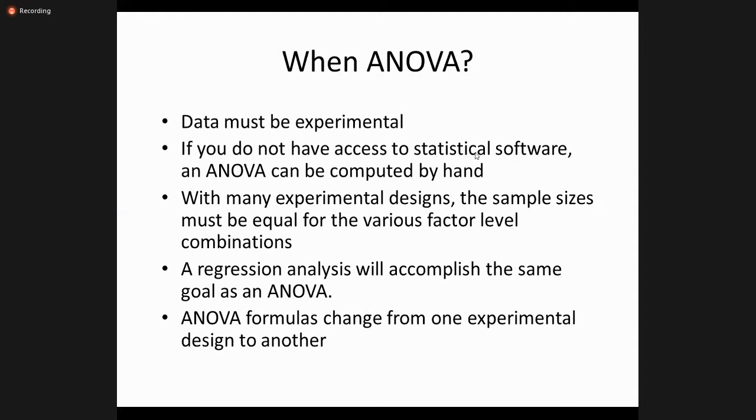A regression analysis will accomplish the same goal as an ANOVA. Regression is another type of statistical modeling test. We will discuss regression in the next classes. The ANOVA formulas change from one experimental design to another. So when the experiment changes, we use some manipulation in the calculations according to the need of that research.